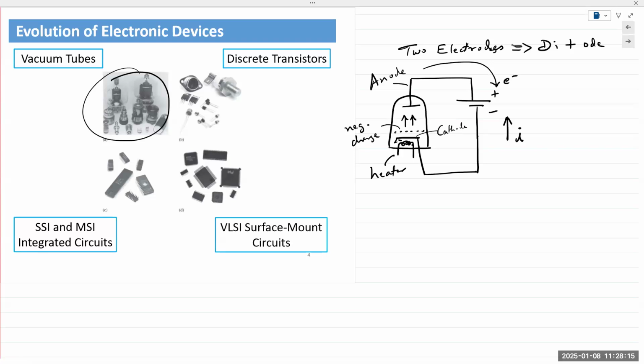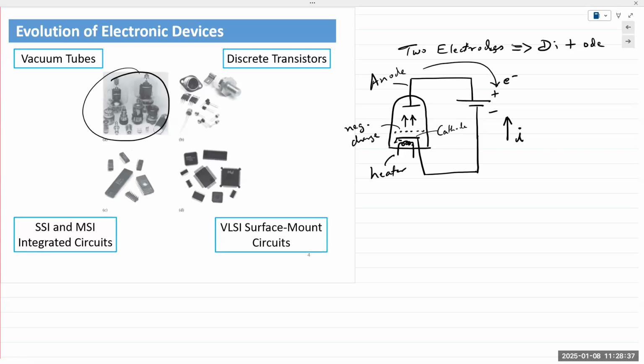Now, what they noticed was they needed to control the flow of electrons. So they introduced a third electrode in there, and that became triode, 3 electrodes. Then they inserted a fourth electrode and a fifth and a sixth and a seventh. And so you had a diode and a triode and a quadrode, pentode, hexode, and so on and so forth.